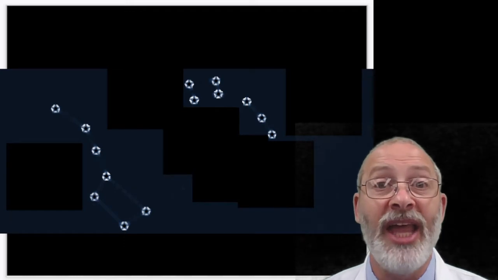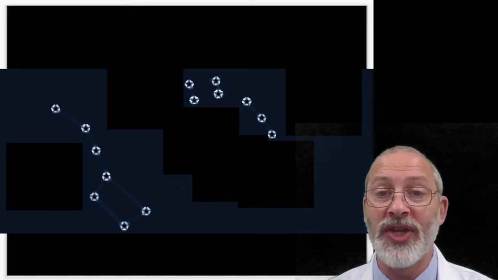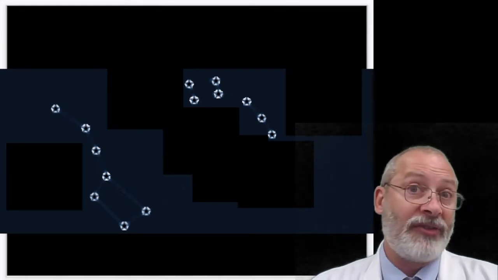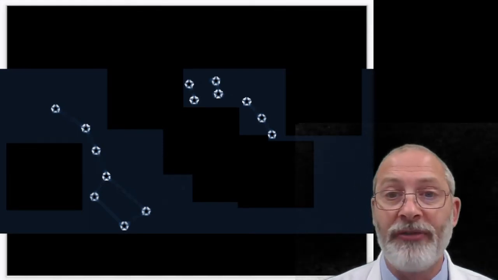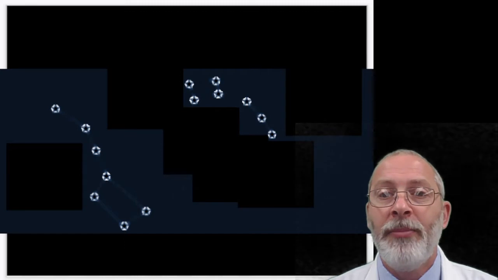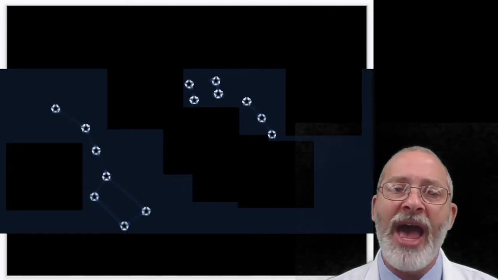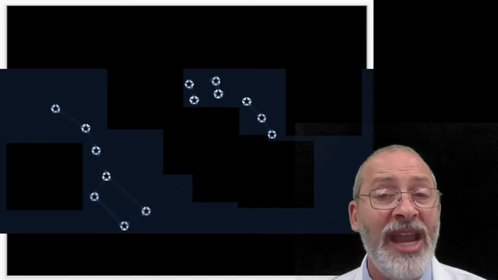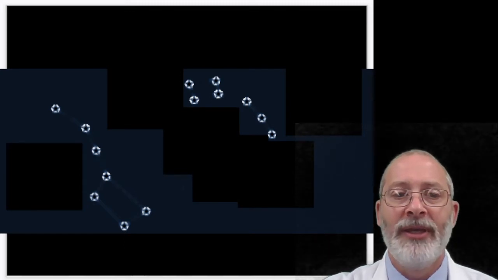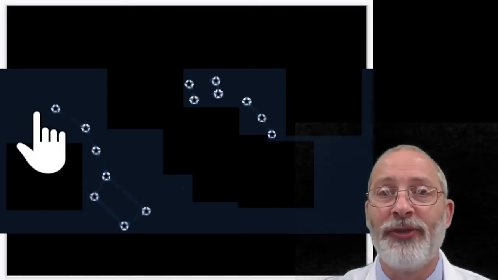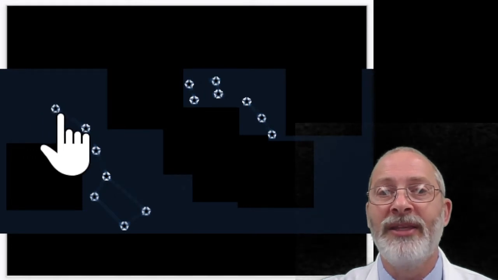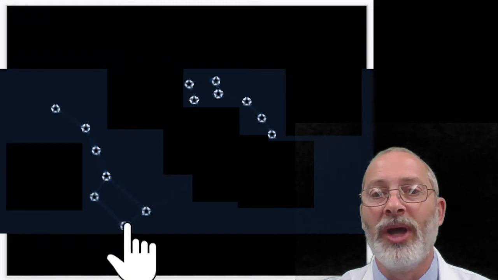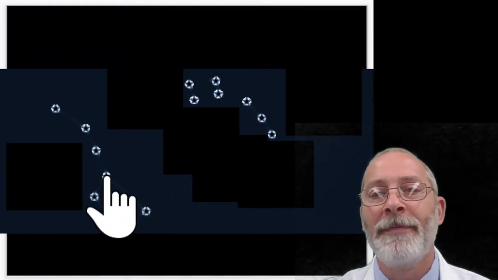Look at this collection of stars on the board, and you might have to turn all the lights off in order to see them a little bit better. But if you look at these patterns of stars, you might know them by certain names. Let's connect the dots for a moment. Let's connect the dots on this one here. And what does it make up?